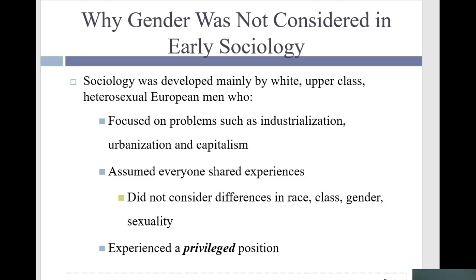So why was gender not considered in early sociology? Well, think about it. Sociology, like many other disciplines, was developed by mainly white, upper-class, heterosexual European men, and it focused on problems such as industrialization, urbanization, and capitalism.